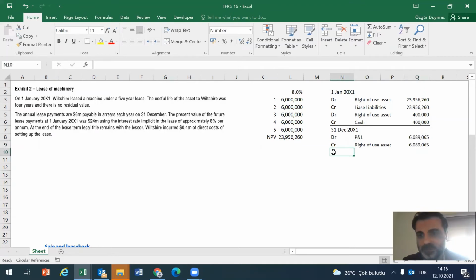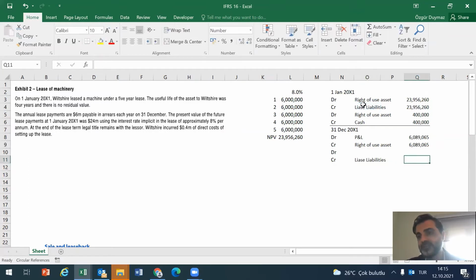Again, end of the year, there would be a payment of leasing. Also, this liability is the net present value of future cash out at the beginning of the leasing arrangement. We need to find the net present value of this liability at the end of the year first. How to do that? Credit is liabilities.